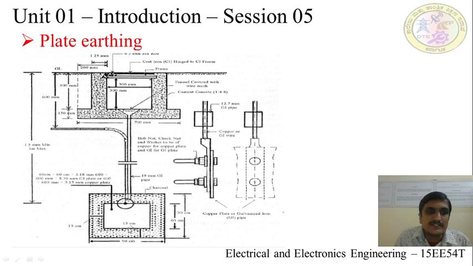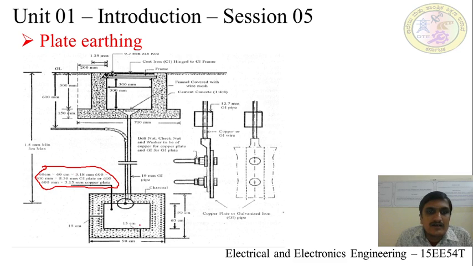If you are considering a copper plate, it is of size 60 centimeter by 60 centimeter by 3 mm thickness. If you consider a galvanized iron plate, it is 60 centimeter by 60 centimeter by 6 mm thickness.